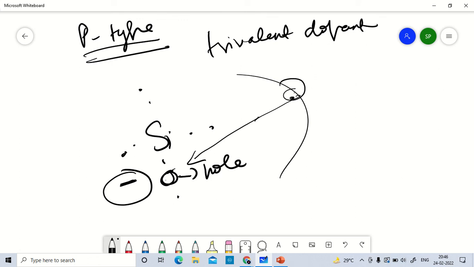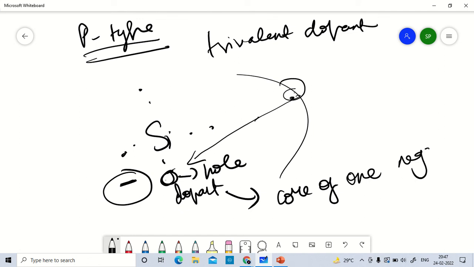So this dopant can be treated as the core of one negative charge along with a hole.